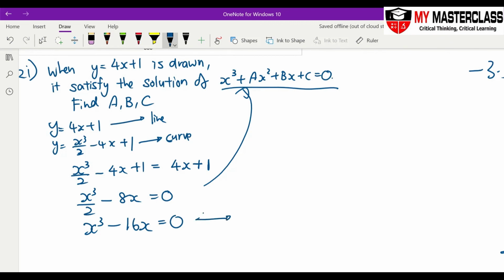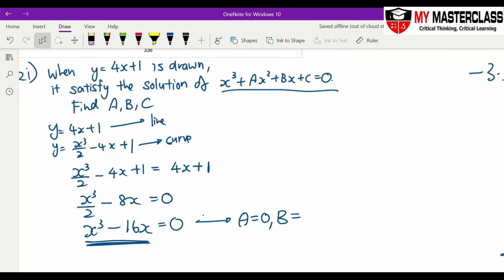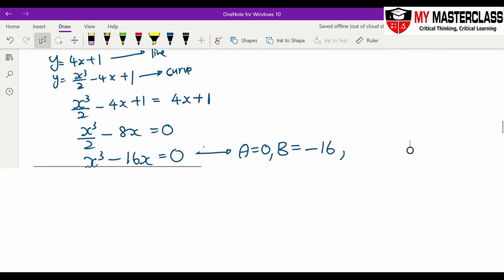In this case, what is the coefficient of x squared? Is there any x squared there? No, so a equals 0. What is the coefficient of x? Isabel, what is the coefficient of x here? Negative 16. Okay, and what is the constant term? 0. So c equals 0.